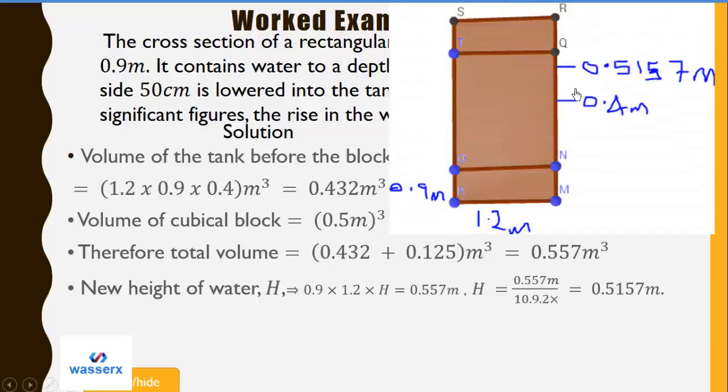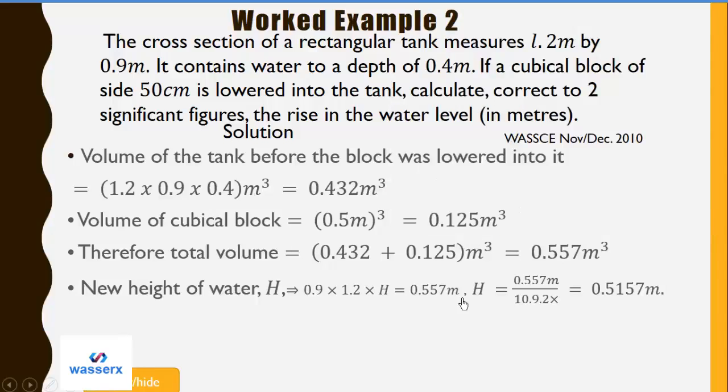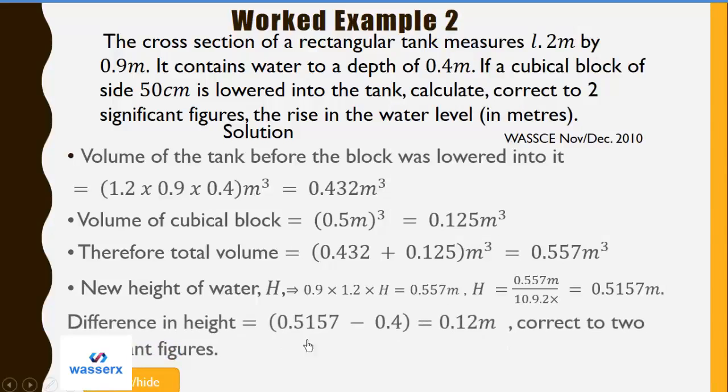So we found the first height was up to 0.4 meters, and the new height is now 0.5157 meters. Hence, to find the difference in height is going to be 0.5157 minus 0.4, and this will give us 0.12 meters, correct to two significant figures.